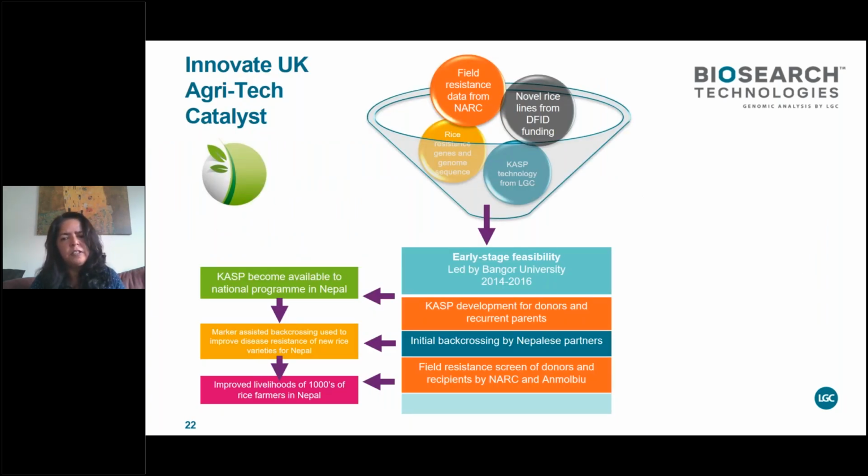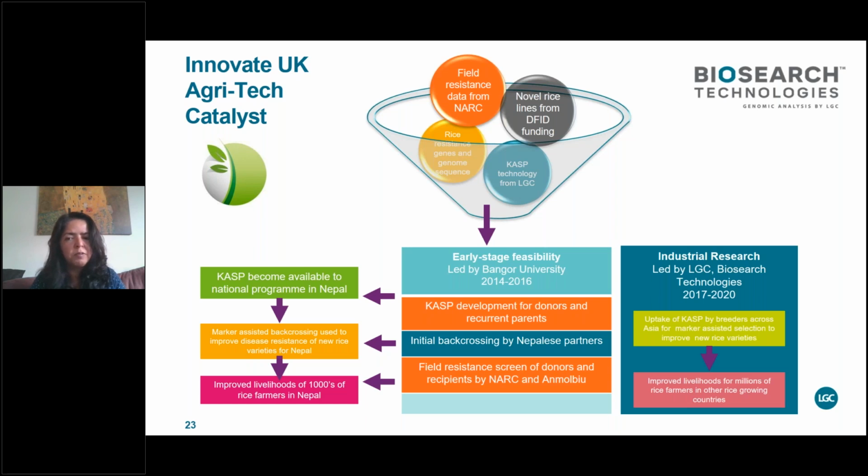The target for the industrial phase was to increase the uptake of KASP chemistry across Asia and to improve rice breeding and ultimately improve the livelihood of millions of farmers in other rice programs.